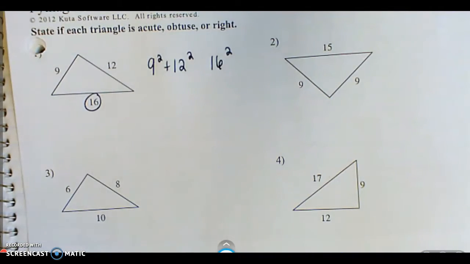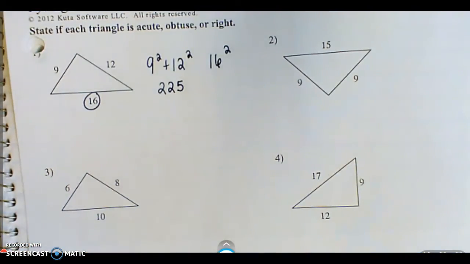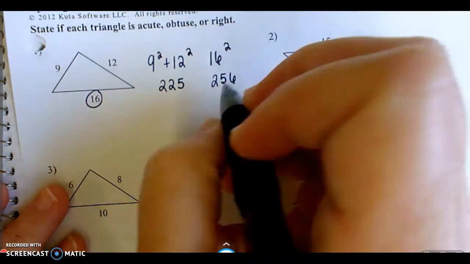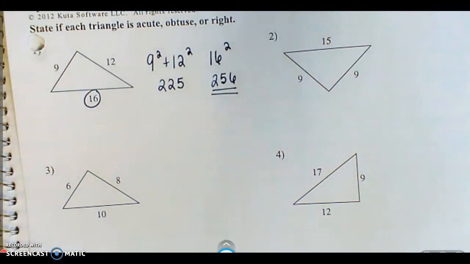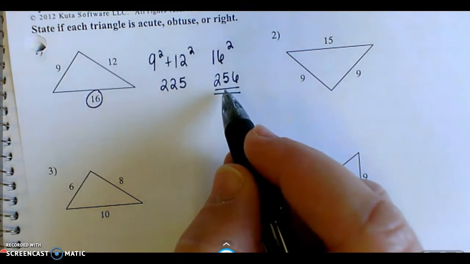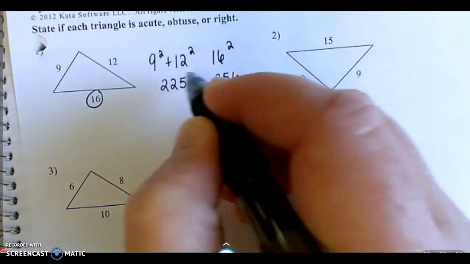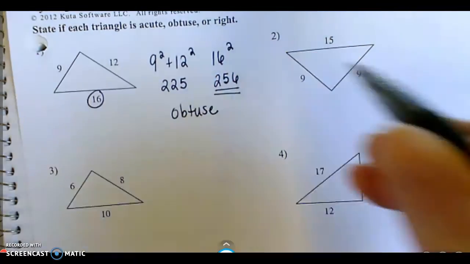So I'm going to put in my calculator 9 squared plus 12 squared, and I get 225. 16 squared is 256. So what we do is we always look at the bigger side. If the bigger side is bigger, that means that the triangle is obtuse. So the bigger side is bigger than the other two sides added together, so this one is obtuse.